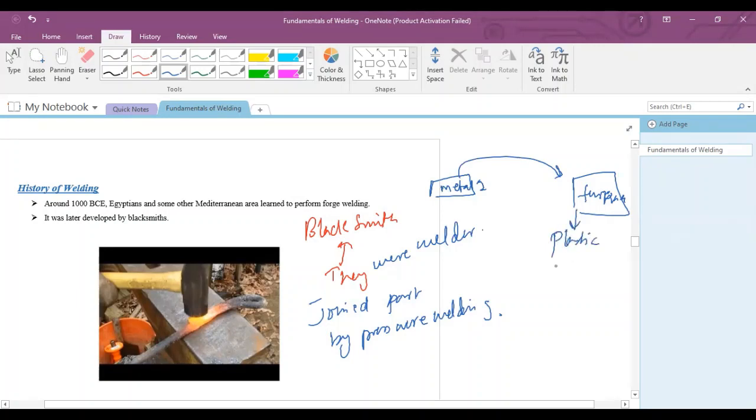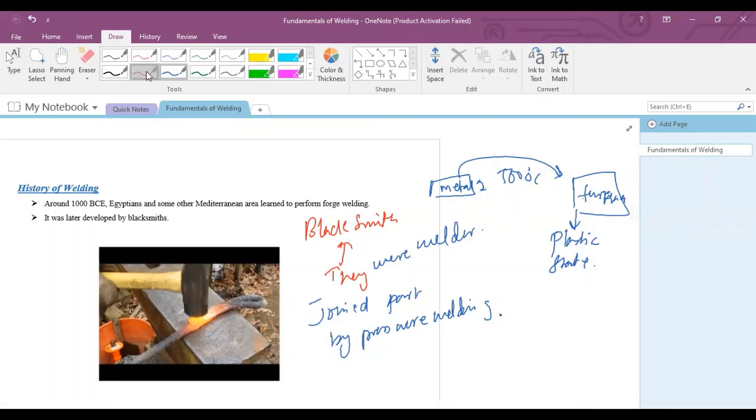Plastic state means the material will not regain its shape; they lose all the elasticity. They used to heat this part in the furnace till it went into the plastic state.